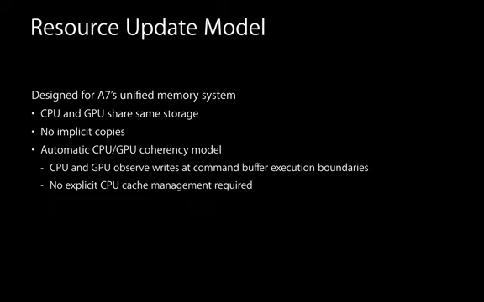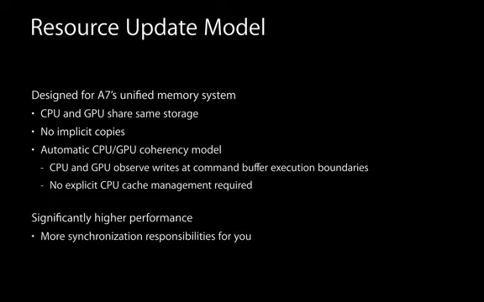We also manage the CPU and GPU cache coherency for you. You don't have to worry about flushing caches between the CPU and the GPU. You simply have to make sure that you schedule your work to occur such that the GPU and the CPU are not writing to the same chunk of memory at the same time. But you don't have to do anything to manage caches. And by you taking on this responsibility for synchronization between the GPU and the CPU, we can offer you significantly higher performance because we're not implicitly synchronizing things that didn't necessarily need to be synchronized.